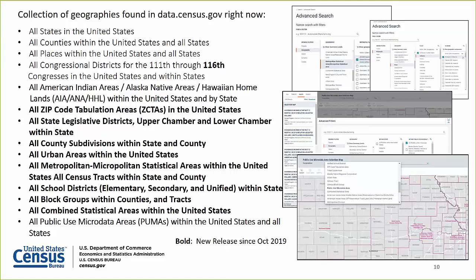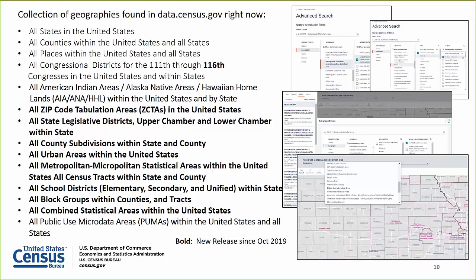Those are things like we've added all ZIP code tabulation areas, those ZCTAs, in the U.S. We've added the 116th Congress that was missing within states as well as the United States. We've added the state legislative districts for the upper chamber and also for the lower chamber within the state.